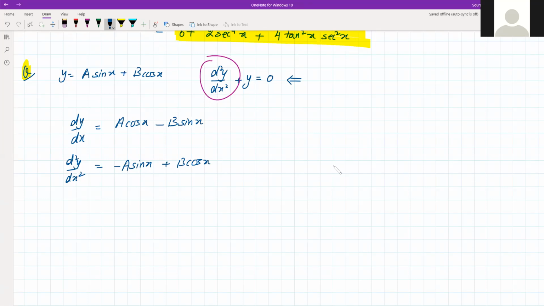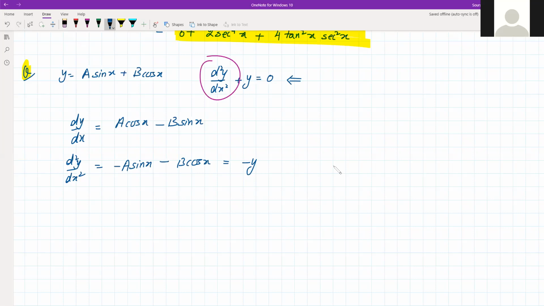If you see this, minus a sin x plus b cos x is actually equal to minus y, because y is a sin x plus b cos x, right? So this is minus a sin x minus b cos x.